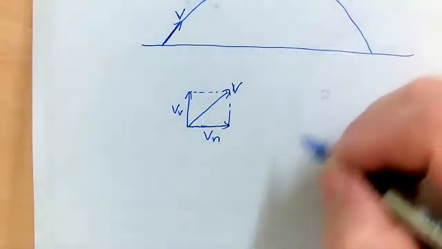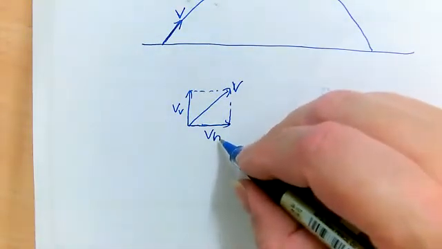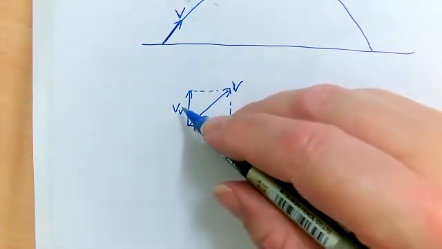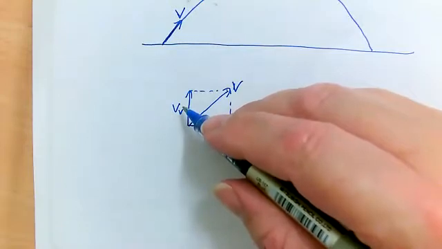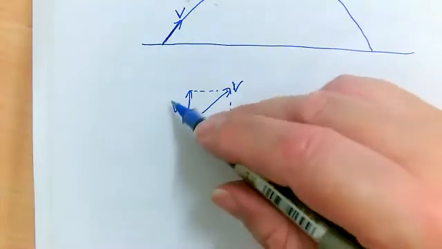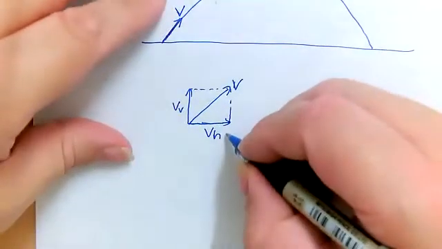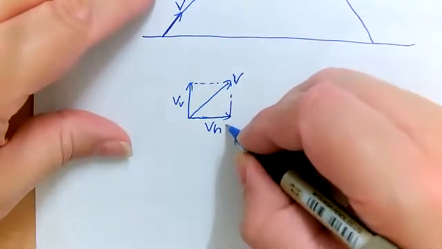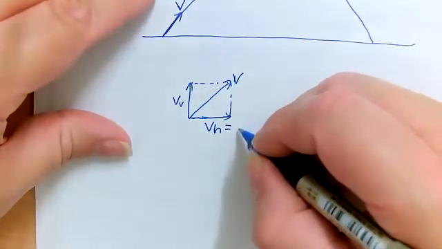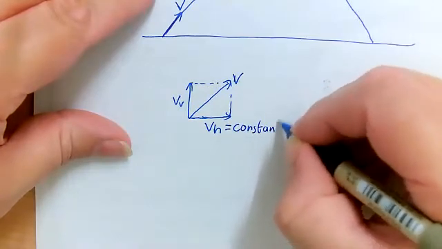Now, that horizontal component has no effect whatsoever on the vertical component and vice versa, because there's no component of the horizontal component in the direction of the vertical component. If we ignore air resistance, the horizontal component of speed is going to be constant.